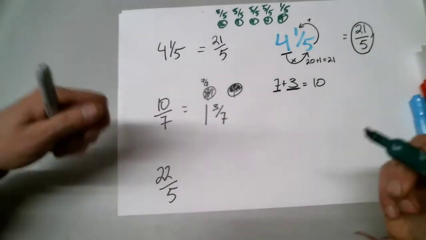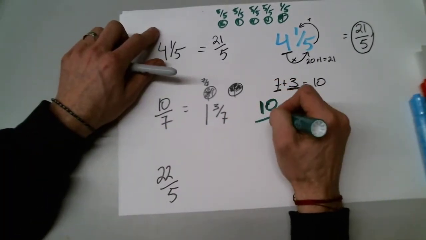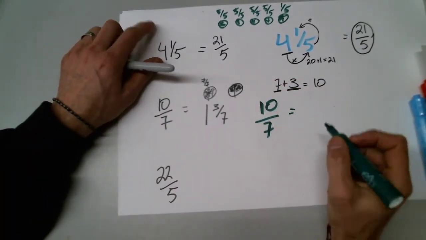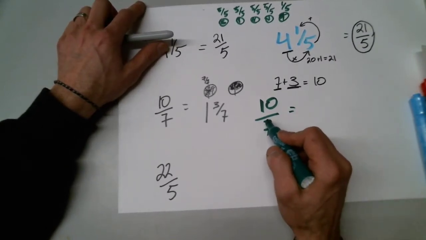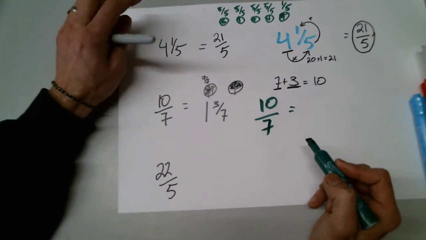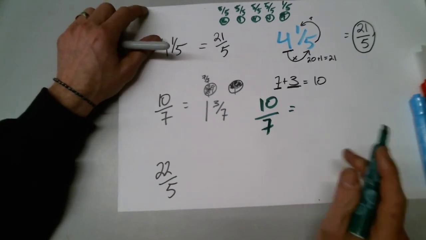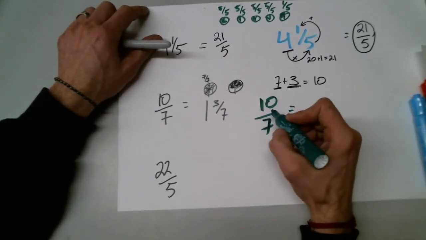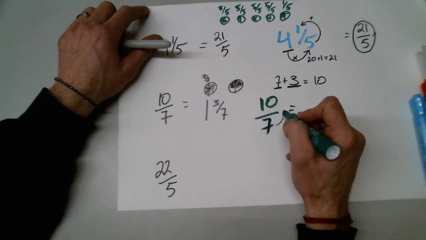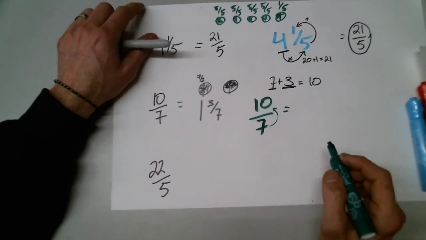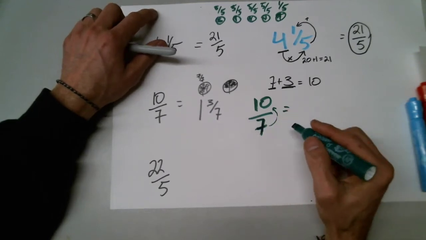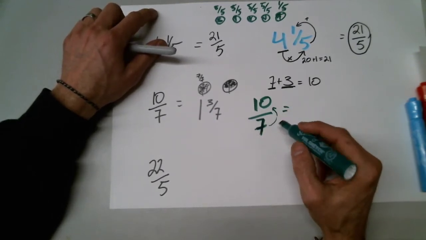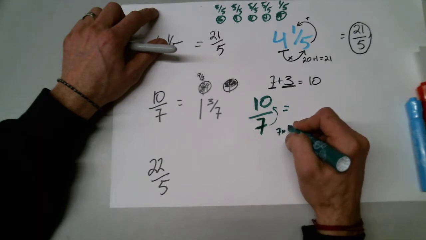Other way to look at it. If I have 10 over 7, I go like this. Similar to when we were doing the factors and such. How many times does 7 go into 10 without going over? What's the closest I can get to 10? It'd be 7 times 1.